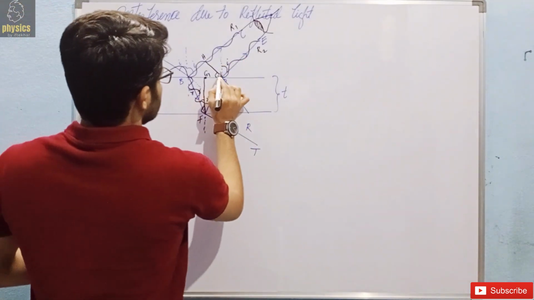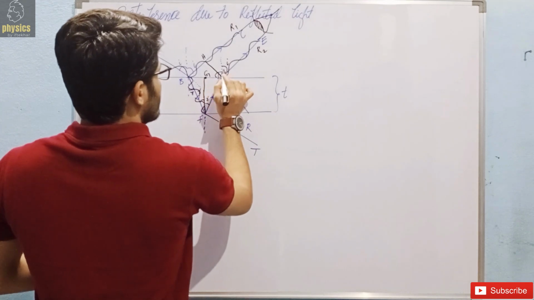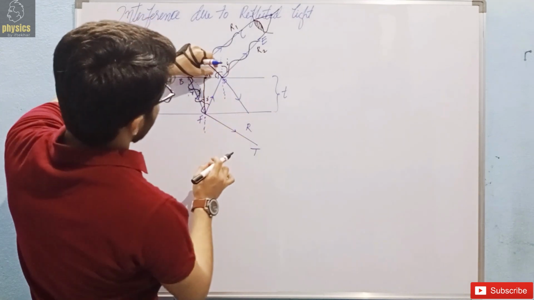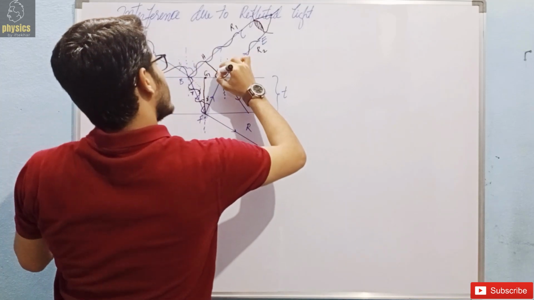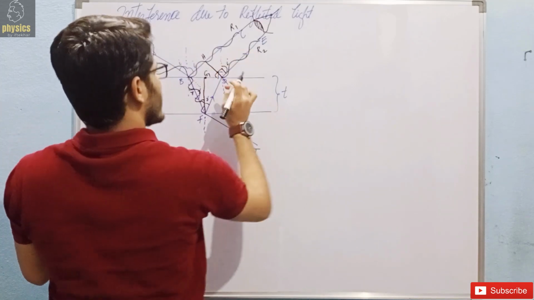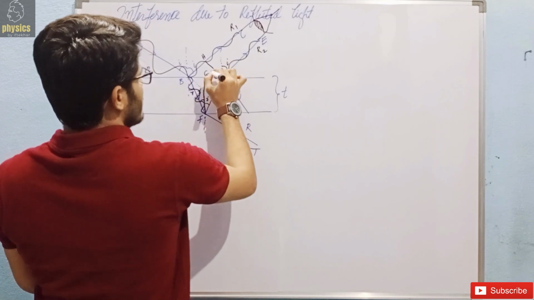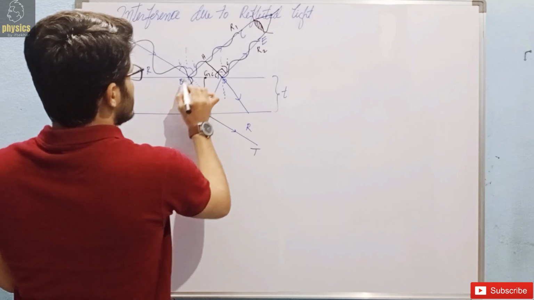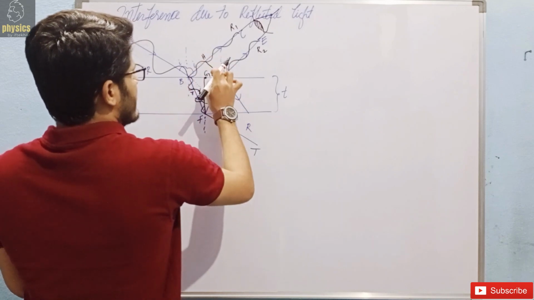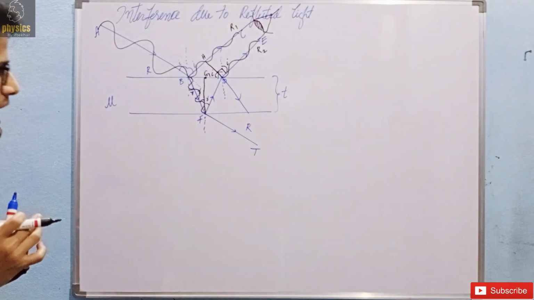We know that this is 90, so 90 plus i, and if I take this also as 90, what remains is my i only. So it means the triangle BHD has angle i.